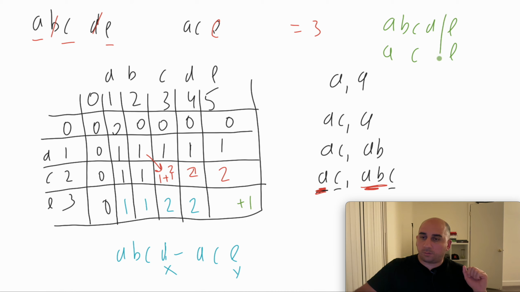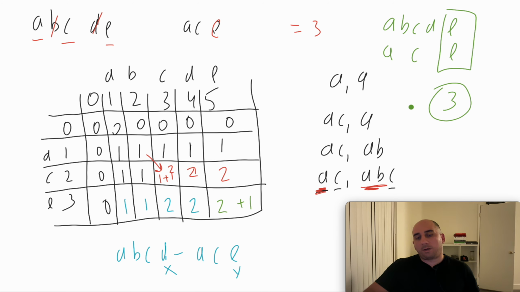Then we need to take the maximum of ABCD and AC, which we already solved, and it equals 2. So we are adding 2 here, and our total value is equal to 3.